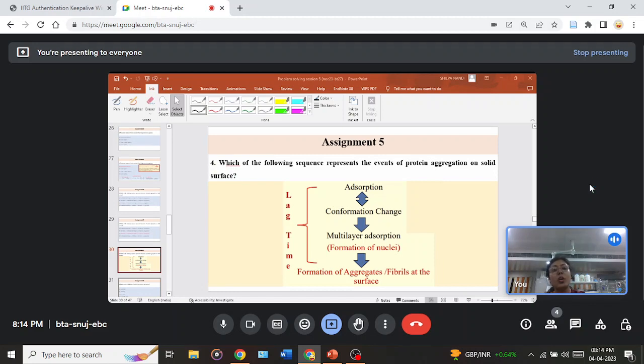So can you tell me what will be changed here if we have protein aggregation in the case of bulk? Can anyone tell me? If protein aggregation occurs in bulk, then what will be the change here?